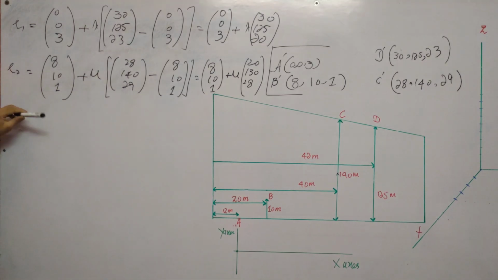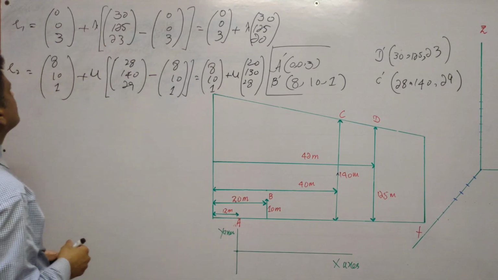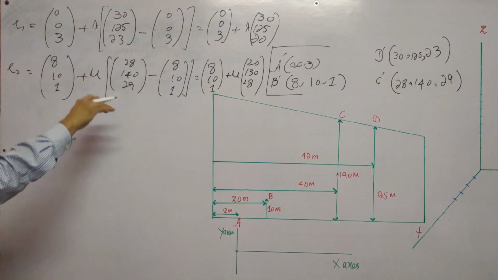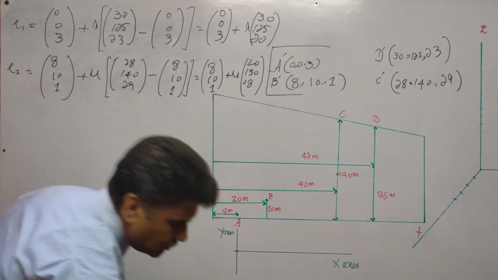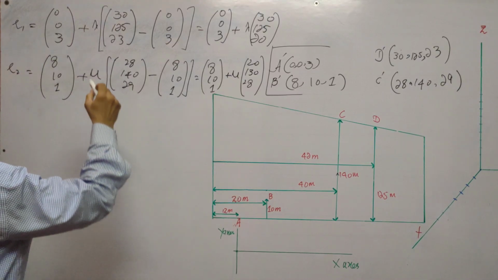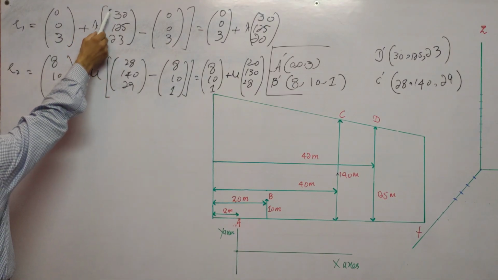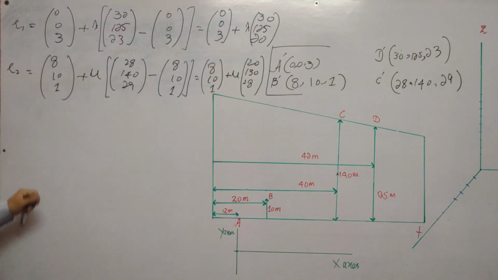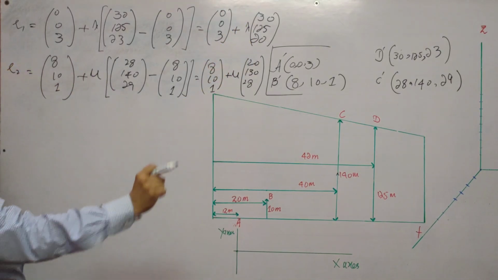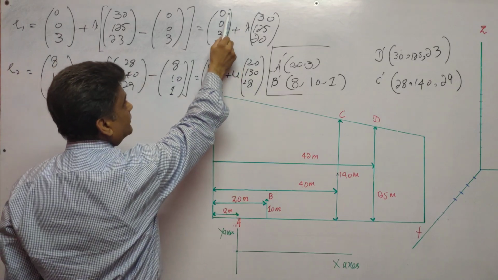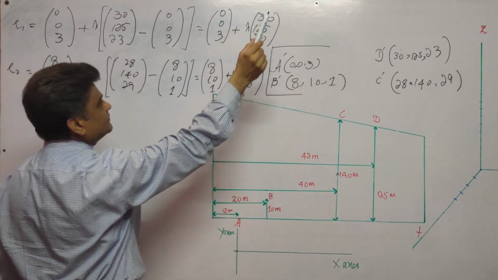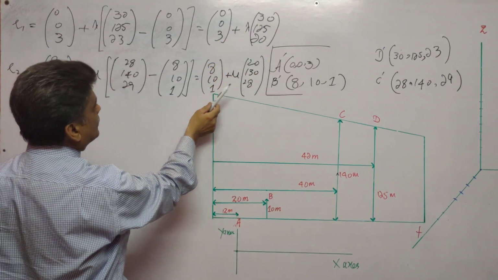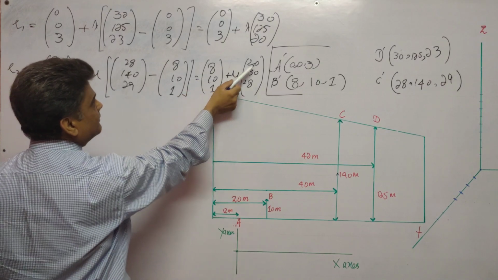By comparing the components of both vectors: 0 plus 30 lambda is equal to 8 plus 20 mu.